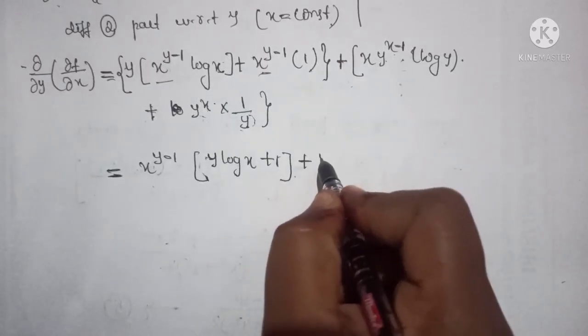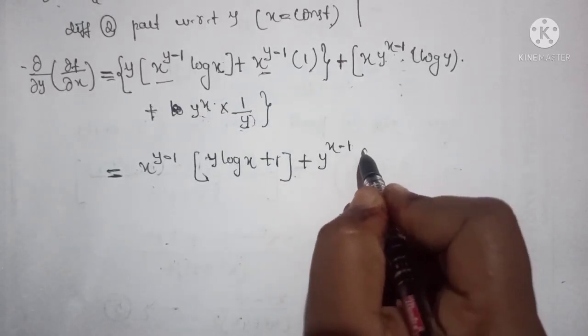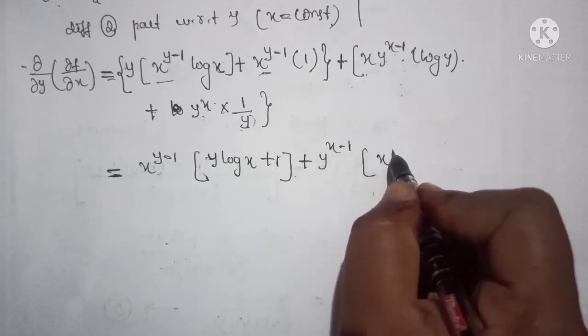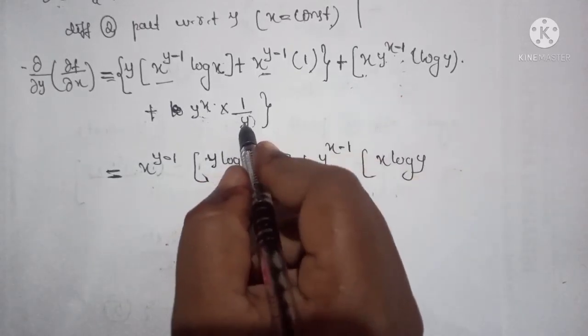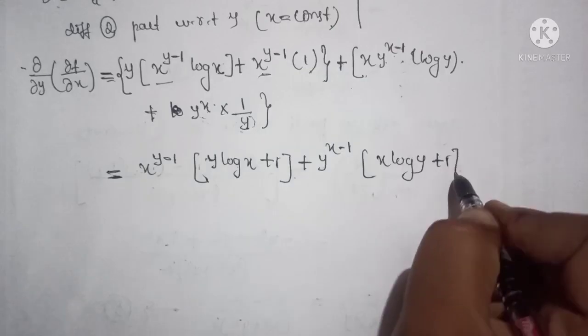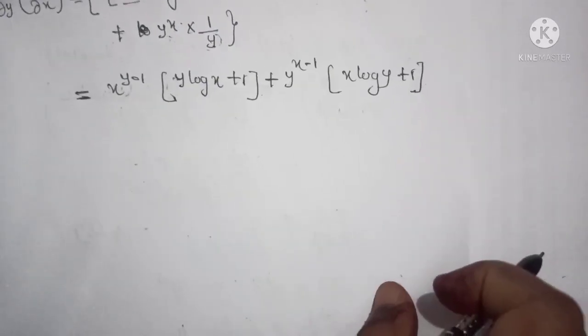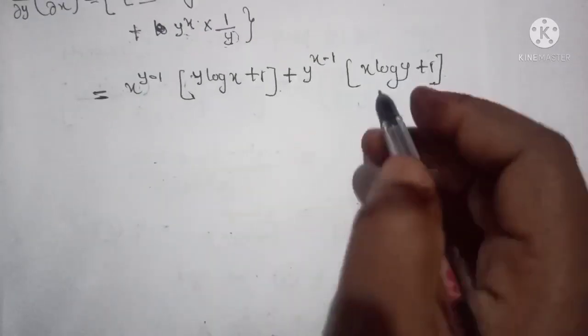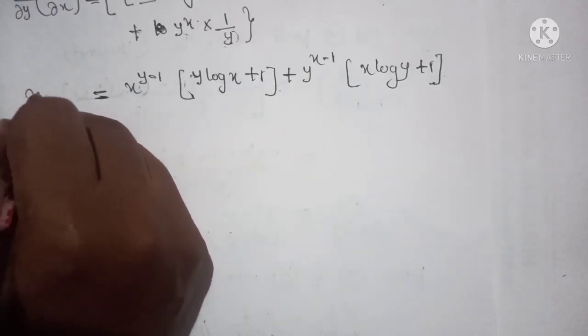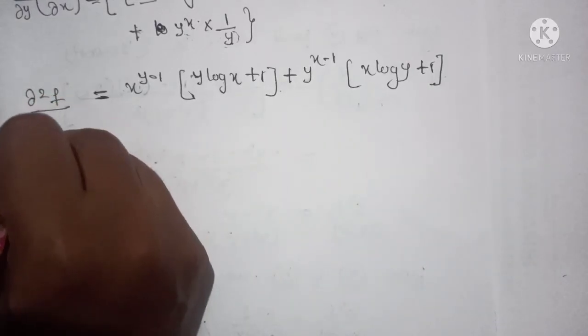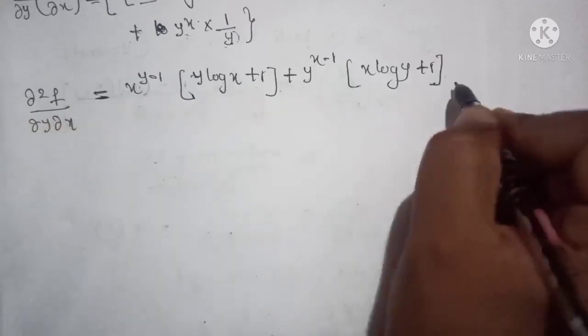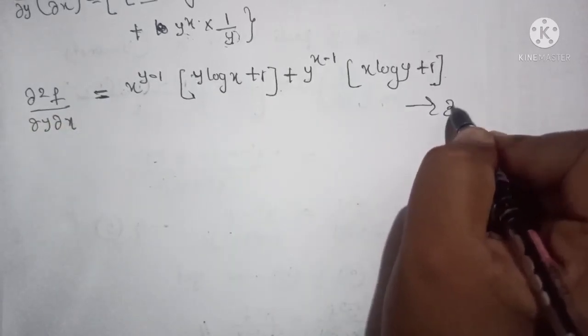Therefore on taking y power x minus 1 outside we get x log y plus 1, right? So this is equal to dou square f by dou y dou x. Consider this as equation 3.